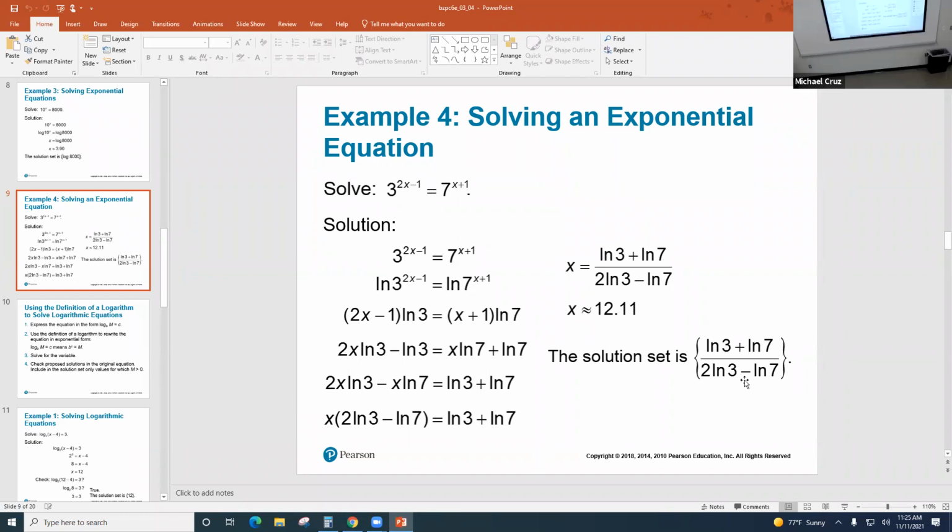For this, the thing that matters is, okay, this is ln 3 minus 2 ln 3 minus ln 7, that order matters. On this side, the order doesn't matter because it's addition. With subtraction and division, remember those things are not commutative.